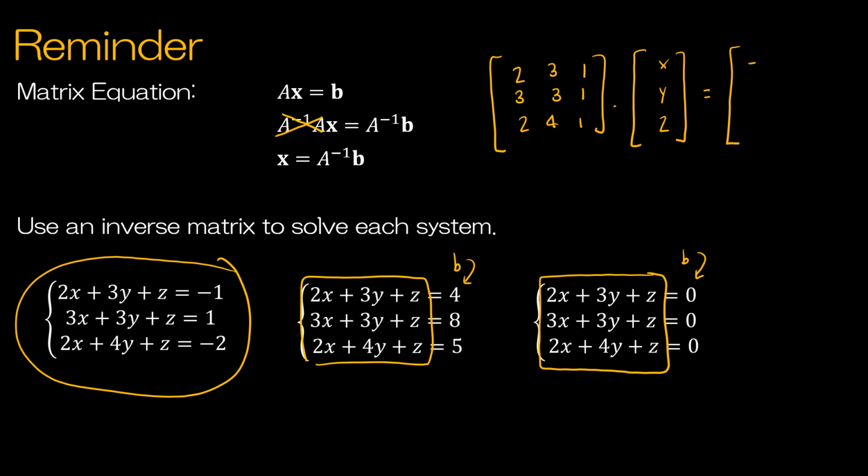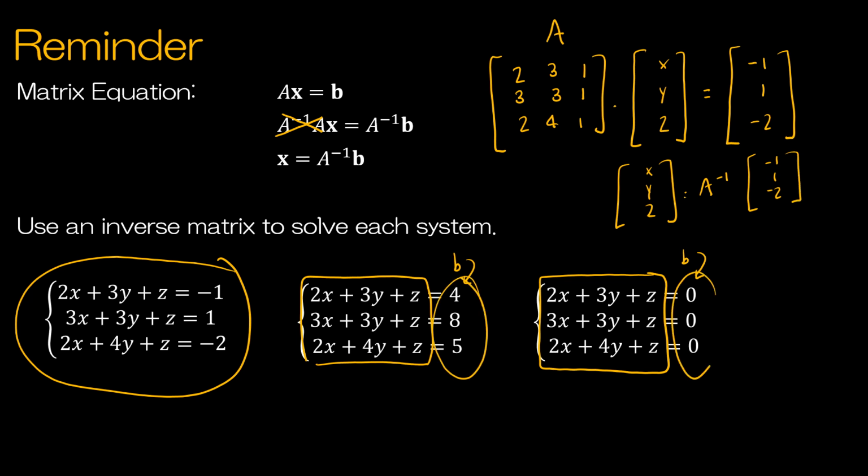So for my first equation, that's -1, 1, -2. If I'm able to take A and find the inverse, then I can solve for x, y, and z by taking A inverse, which is going to be a 3 by 3 matrix, and multiplying it by B, which is in this case -1, 1, -2, but could also be 4, 8, 5 or 0, 0, 0, and that's going to find my solution for me.